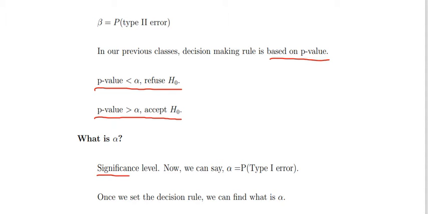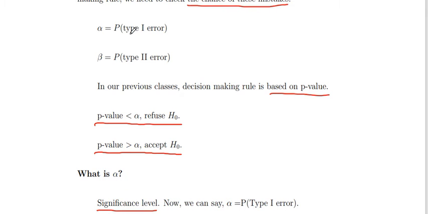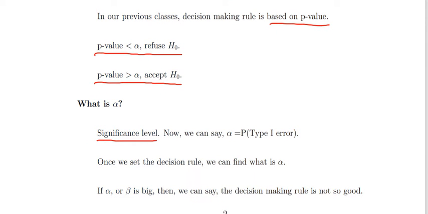But more precisely, alpha is the probability we will make a type 1 error. So this alpha and that alpha are the same.